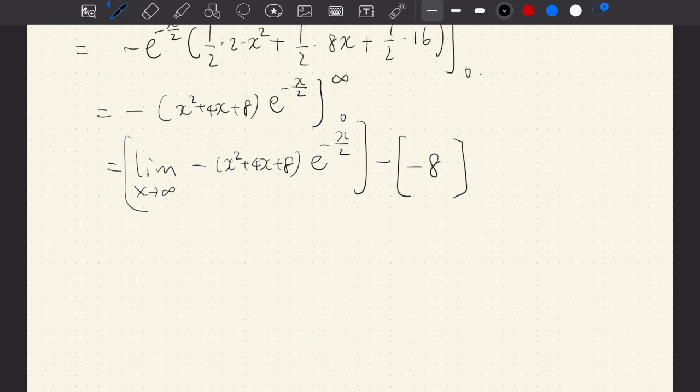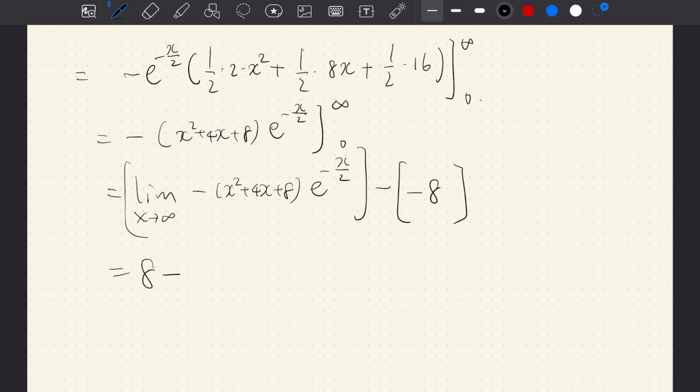So if you rearrange it, you get 8 minus the limit as x goes to infinity of x squared plus 4x plus 8, and in the denominator you have e to the x over 2. So here the negative sign is moved out of the limit, and we rewrite e to the negative x over 2 as e to the x over 2 in the denominator.